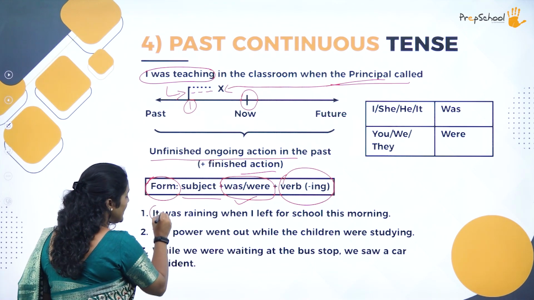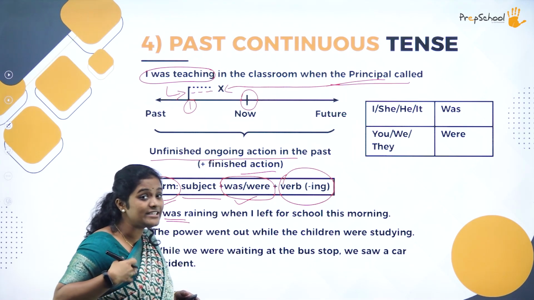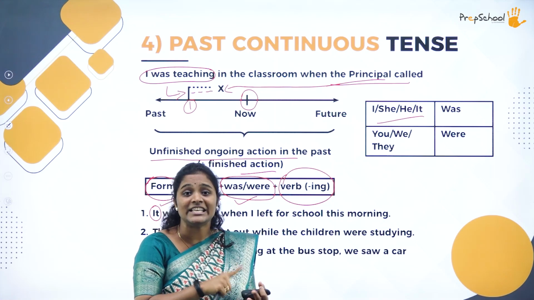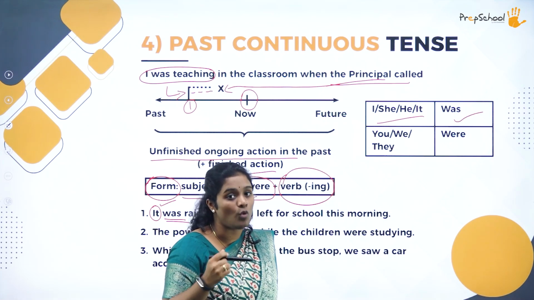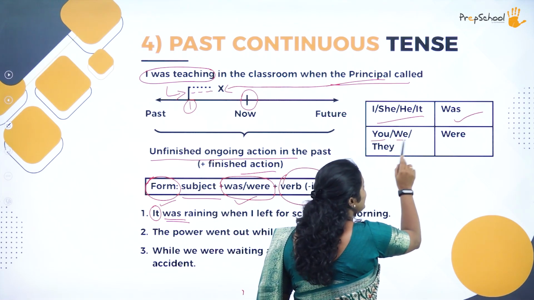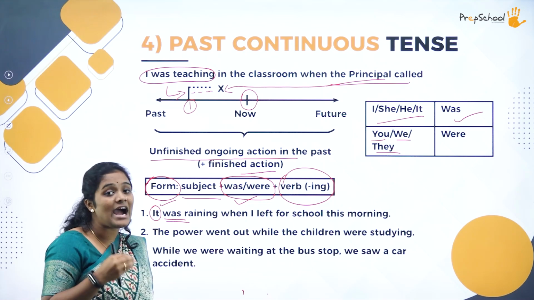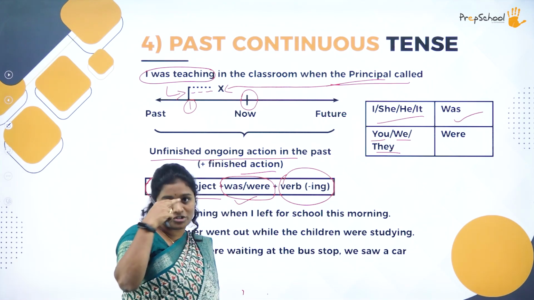Why is it was? Because whenever the subject is I, she, he or it, the helping verb used is was, and whenever the subject is you, we, they, the helping verb is were. So we can say I was teaching or I was eating, they were watching.